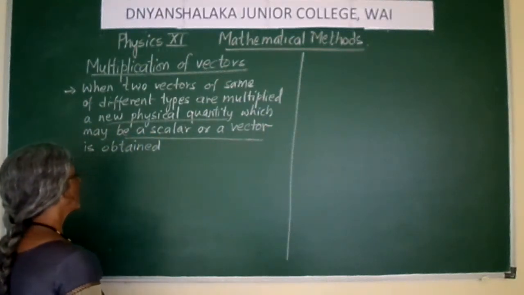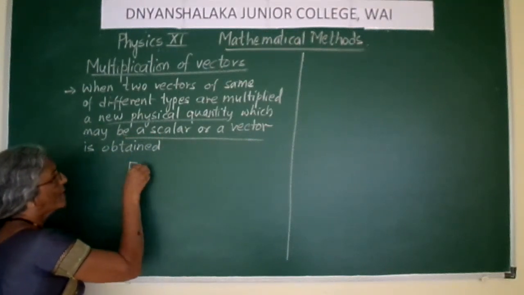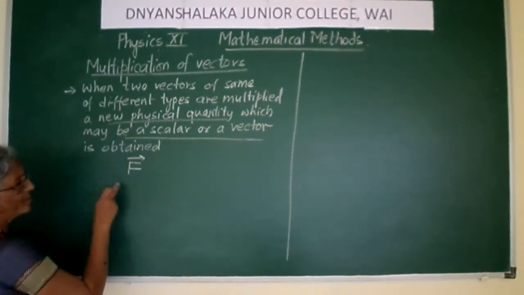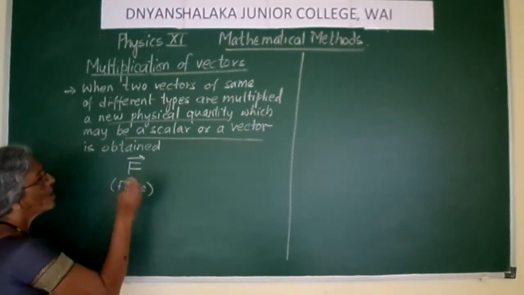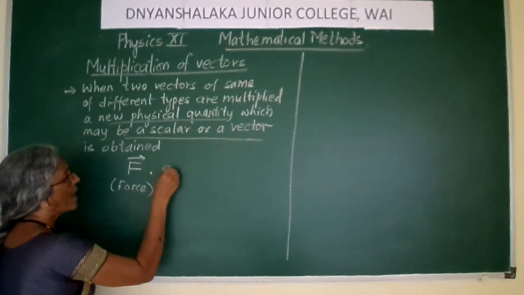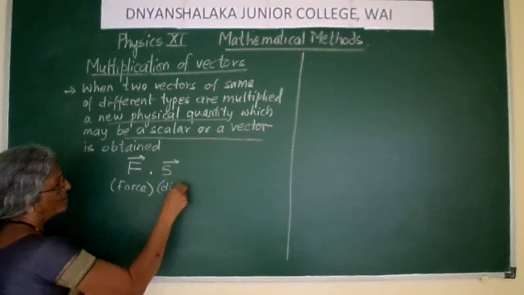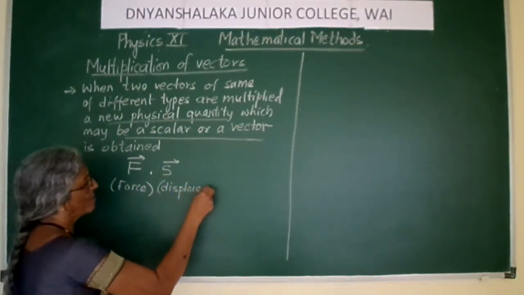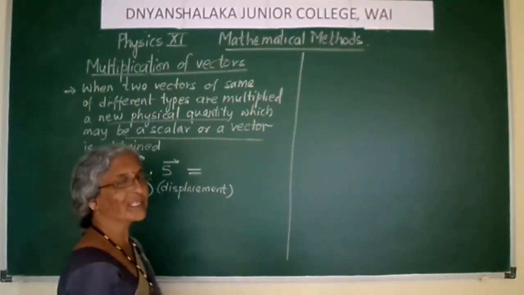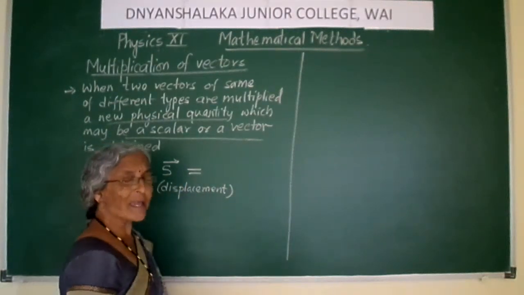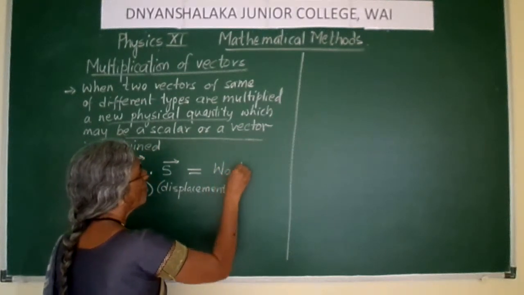Say for example, if I multiply force vector, what is this? This is force. When it is multiplied by displacement vector, what is this? Displacement. When I multiply force vector with displacement vector, I get a new physical quantity which is work.